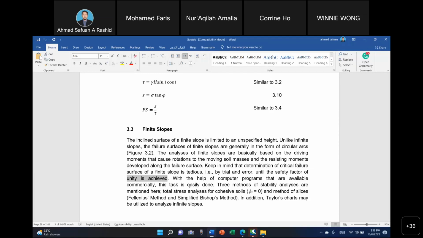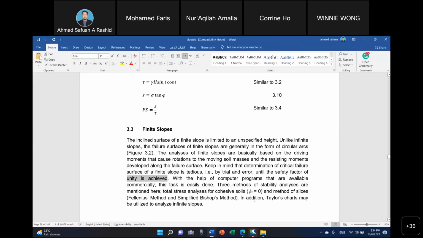So if you don't have a good understanding of the fundamentals of slope stability, you need to gain a good understanding of the fundamentals of slope analysis, so that you know what the relevant parameters are to be used in the software.